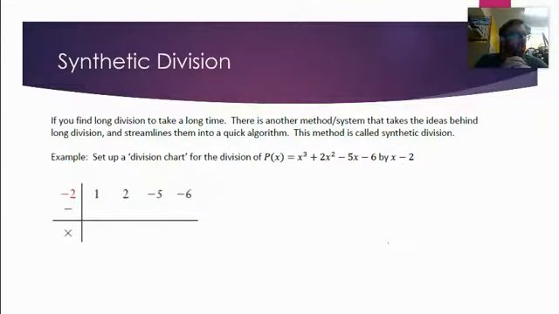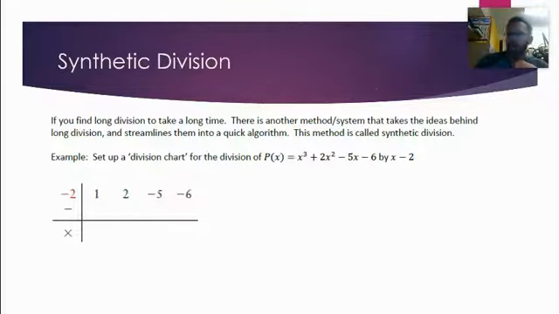So we're going to divide our polynomial, the one we worked with before, x cubed plus 2x squared minus 5x minus 6, and we're going to do something called synthetic division.